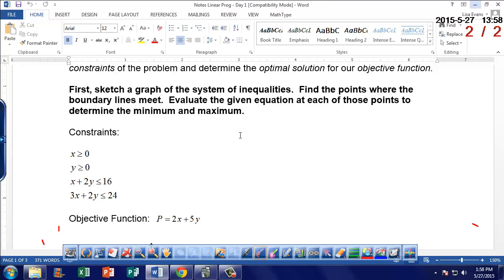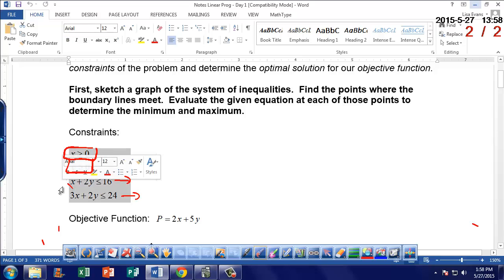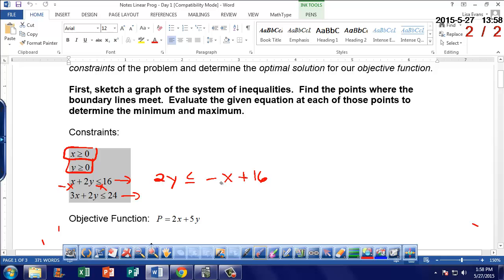and graph them. So on my graphing calculator, we're going to put this one in, and we're going to go ahead and get y all by itself on these two. So this one, we're going to subtract x on both sides. And then we're going to divide everything by 2.